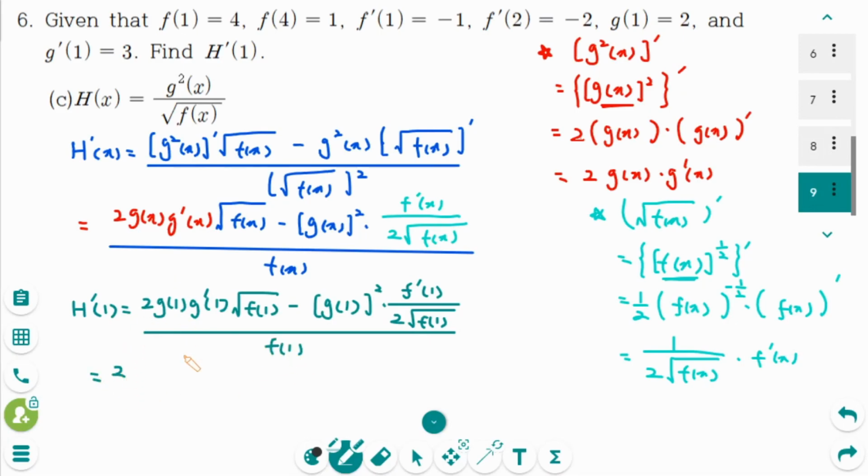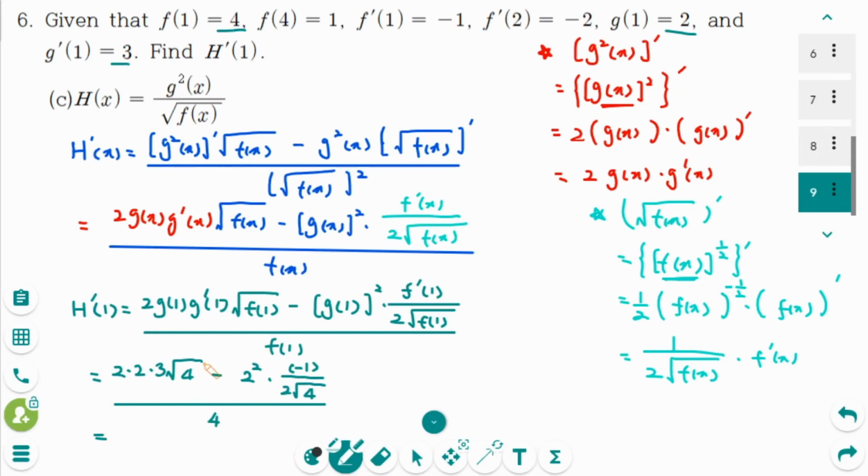Then 2 times g of 1 equals 2, g prime of 1 equals 3, times the square root of f of 1 equals 4, minus g of 1 equals 2 squared times f prime of 1 equals minus 1 over 2 square root of f of 1 equals 4, over f of 1 equals 4.